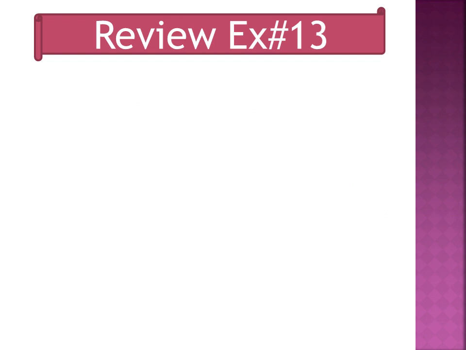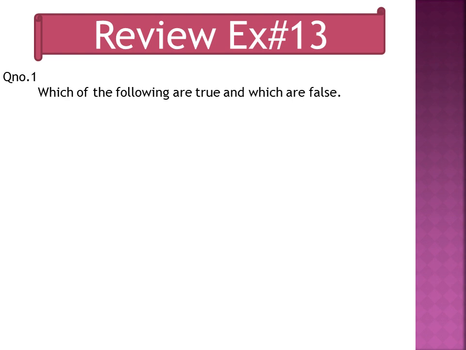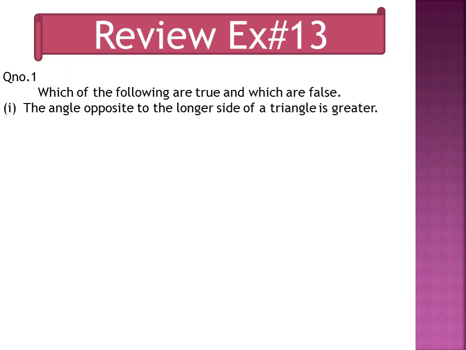Here are some questions. In the first question, we have to find whether the given statements are true or false. The first statement is: the angle opposite to the longer side of a triangle is greater. This statement is true because the angle opposite to the greater side is always greater.